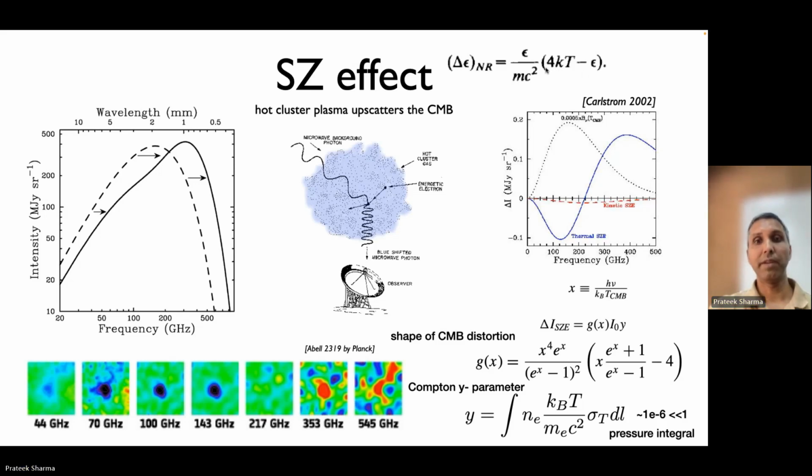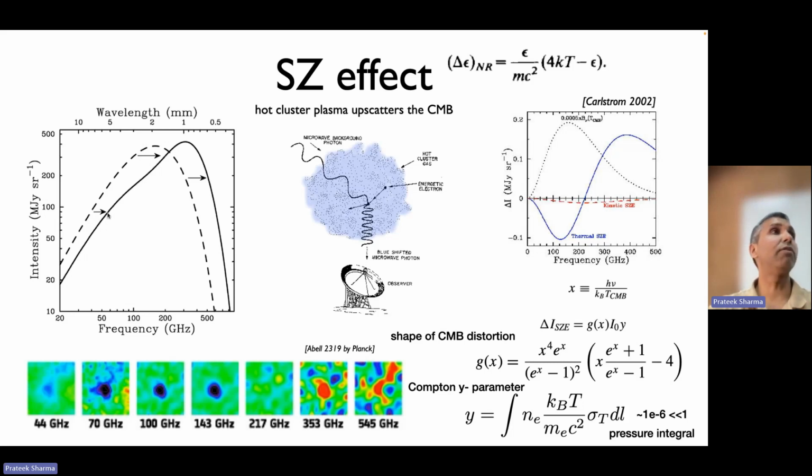Now, the optical depth of a galaxy cluster to this inverse Compton scattering is very small. If you plug in the numbers, this Compton Y parameter quantifies the optical depth. It says that only about 1 out of 10 to the 5 or 10 to the 6 photons will undergo this energy exchange with an electron.